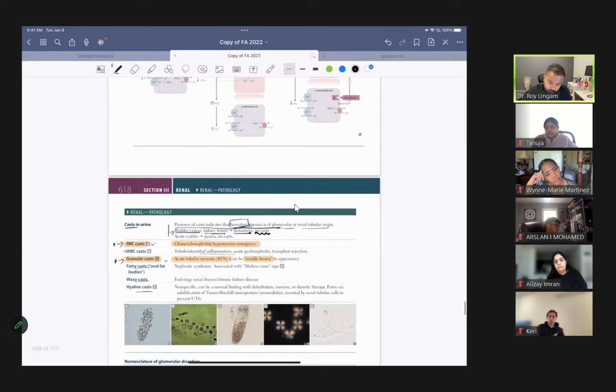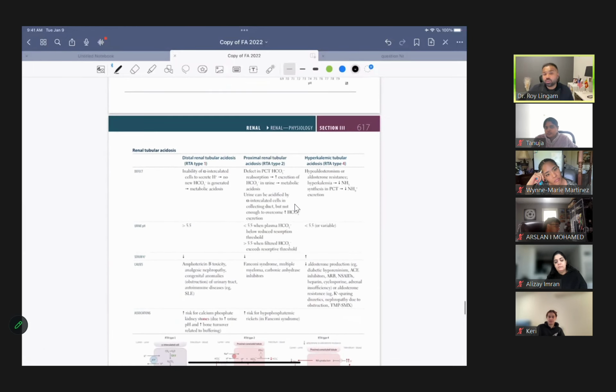Renal tubular acidosis. 100% one question in this. You have to know this. It's going to be easy now. Since we finished everything, it's going to become super easy.